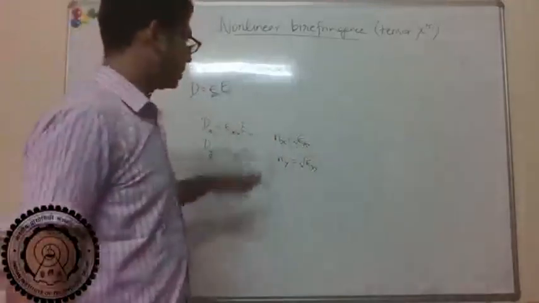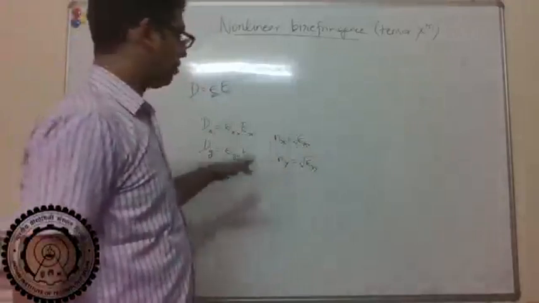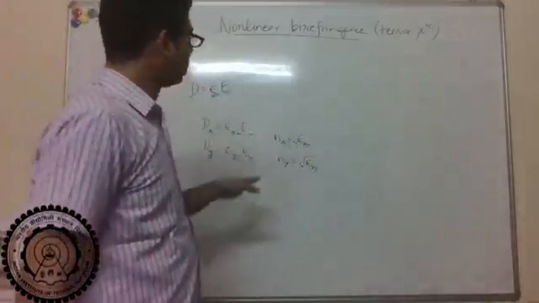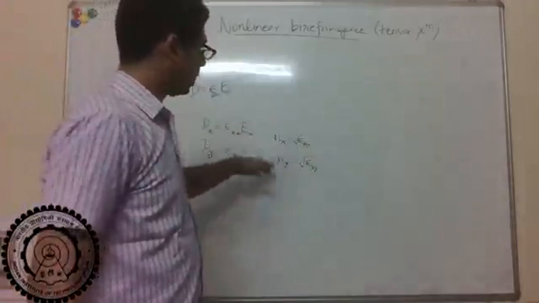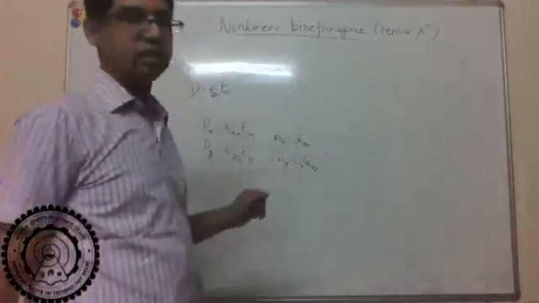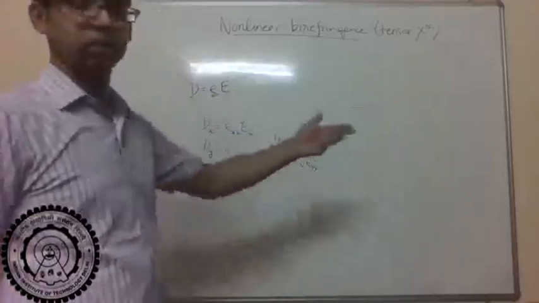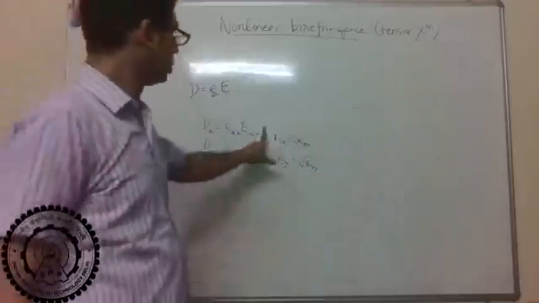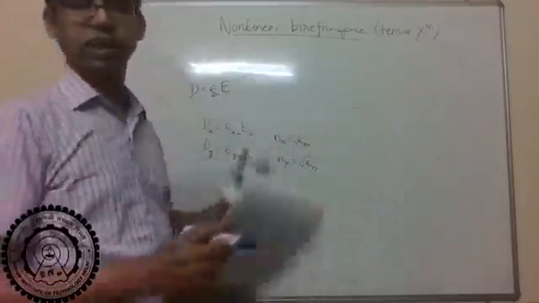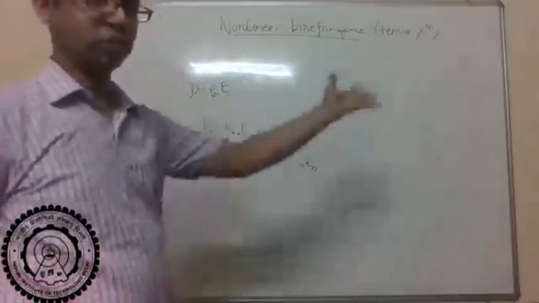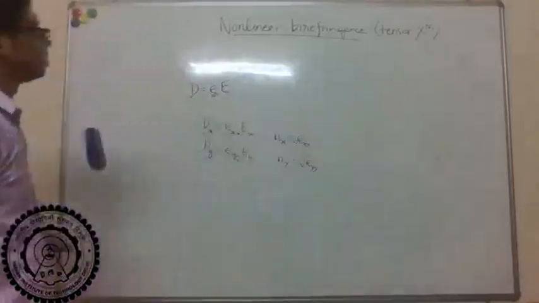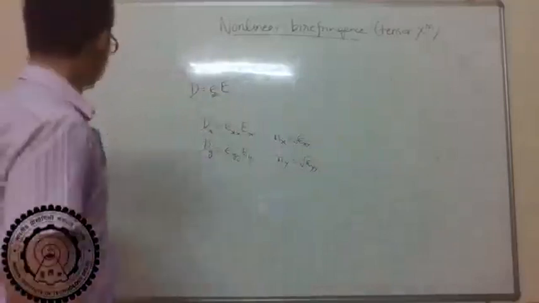So if you launch a wave with a polarization at some angle to the x and y axes, that polarization will rotate as the wave propagates through the medium, because the components have different phase shifts. The phase difference between them keeps evolving and the polarization rotates. That's the phenomenon of birefringence.